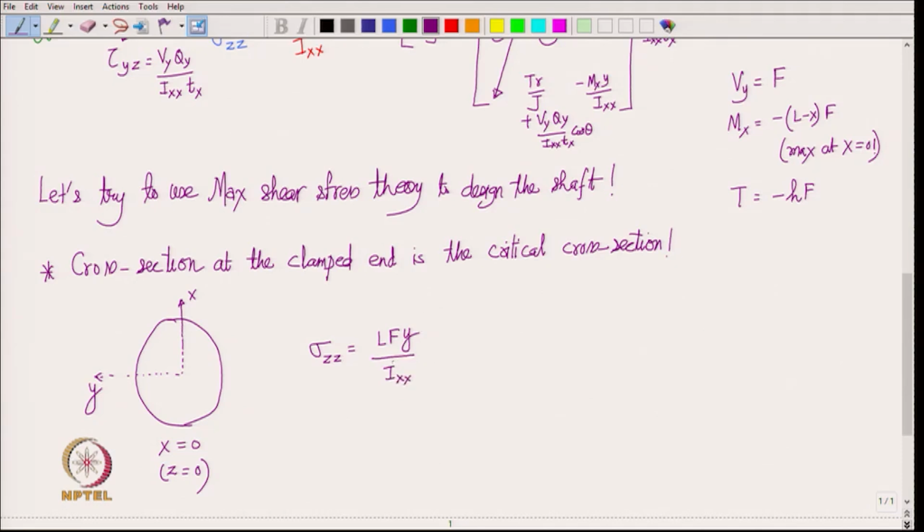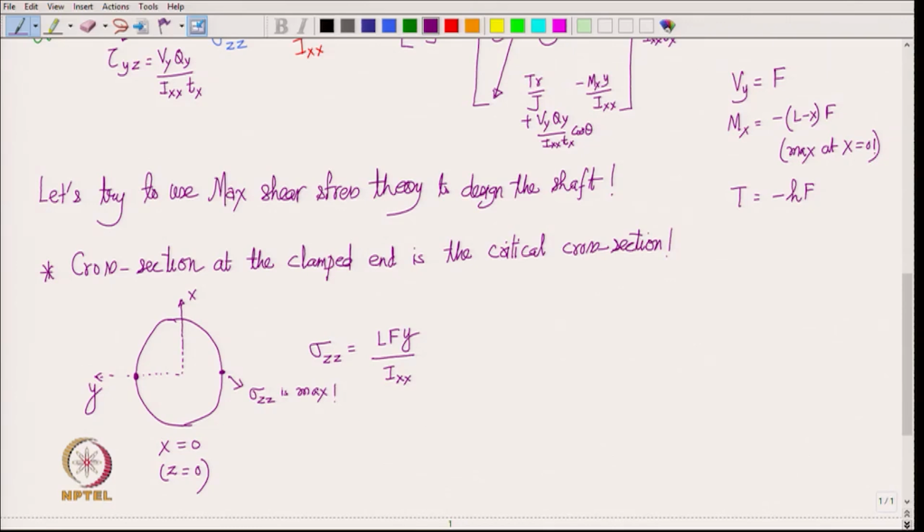So, it is just a function of y. So, wherever y is maximum, that is where bending stress is maximum. So, these are the points where sigma z z is max.